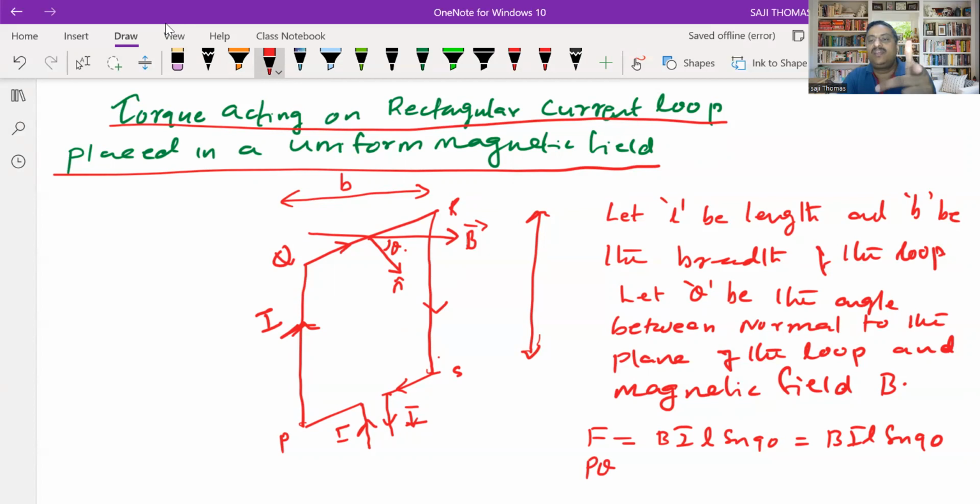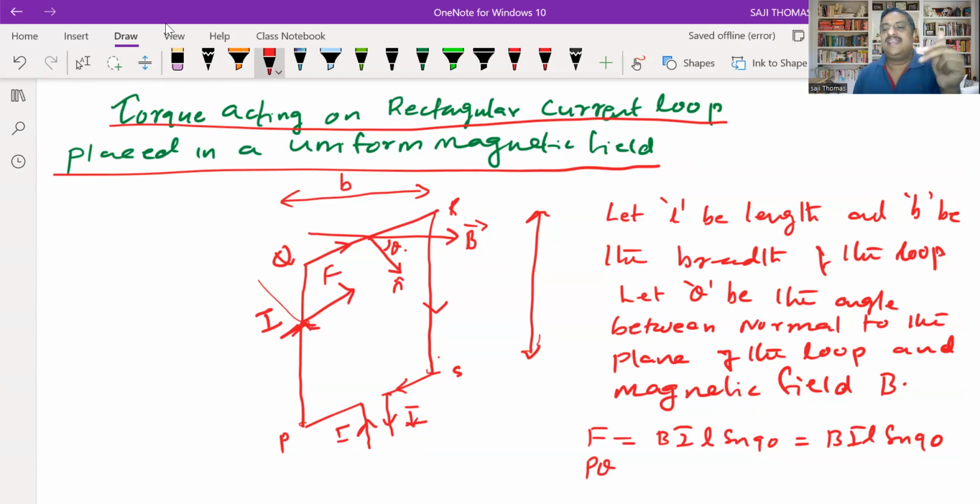We can use the left hand rule. Here magnetic field is in this way. Forefinger represents magnetic field, current is upward, so the thumb will point in the direction of the force. So the force will be perpendicular to PQ and inward.